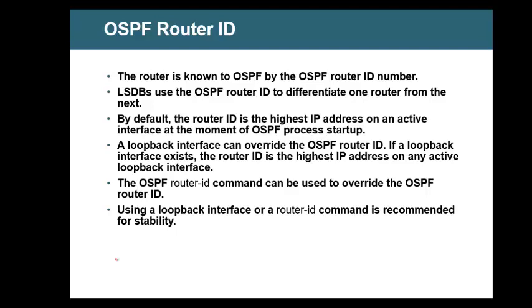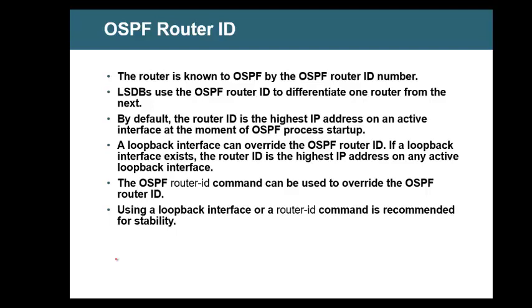You know, every OSPF needs a unique router ID. That is the best way to say it. Instead of saying every router needs a router ID, every OSPF process needs a unique router ID. So if you have two OSPF processes running on a router, there will be two different router IDs.